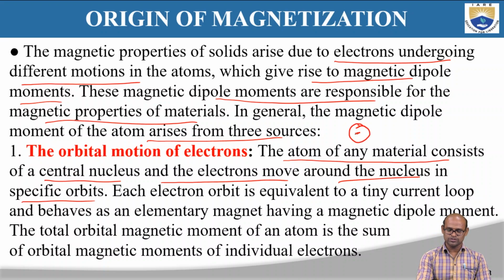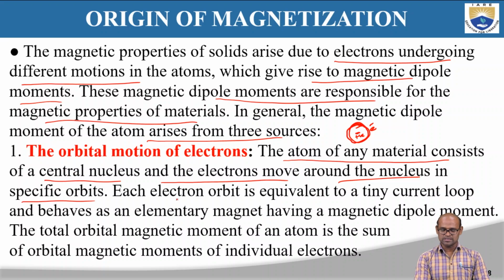You can have different orbitals: s orbital, p orbital, d orbital. So the electrons are revolving around this positive nucleus in circular orbitals.